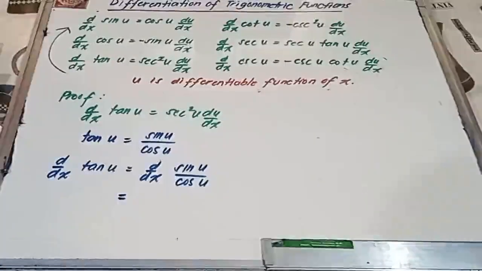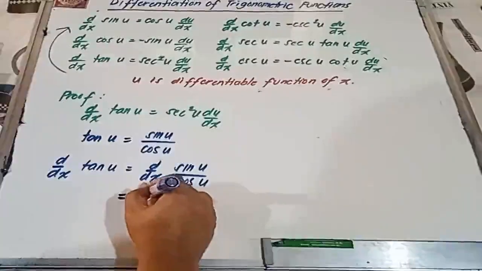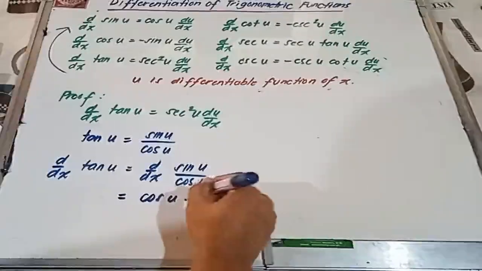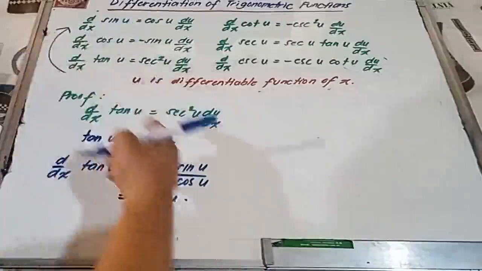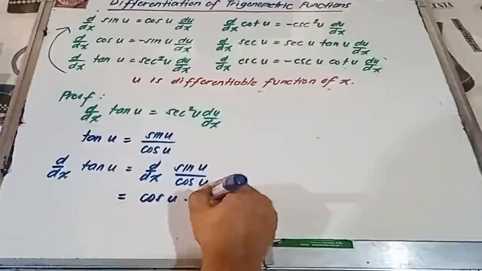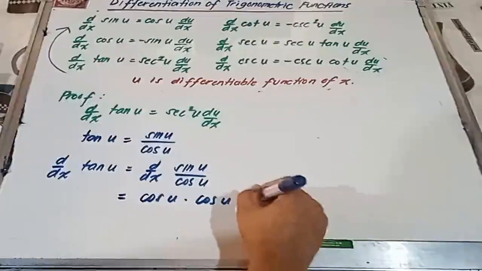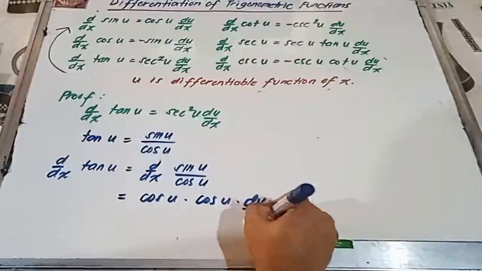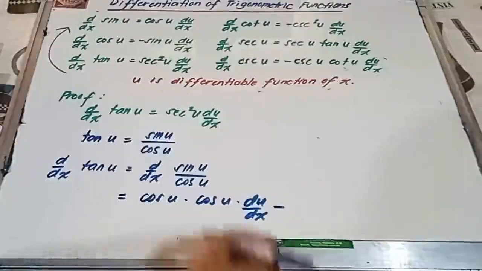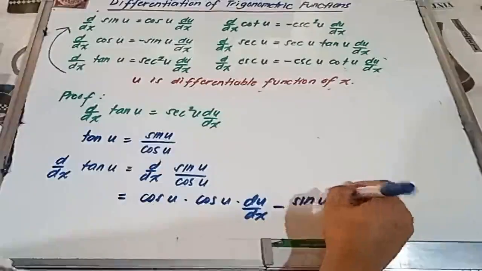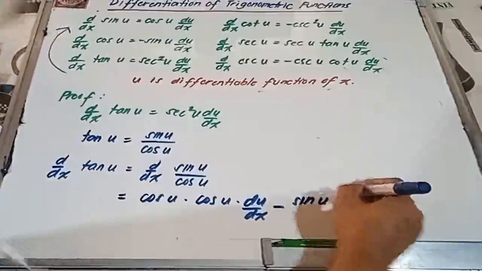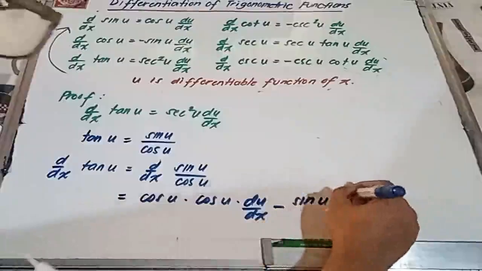Using our quotient rule: the denominator times the derivative of the numerator, the derivative of sine is cosine, that's what we will use. Cosine u times the derivative of u. Okay? Minus the numerator times the derivative of the denominator. The derivative of cosine, that's what we will use.